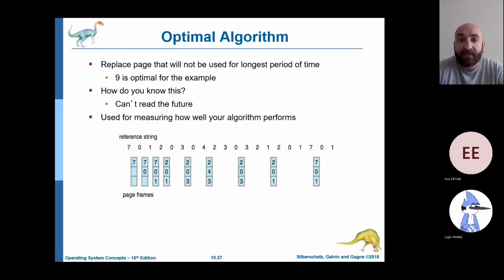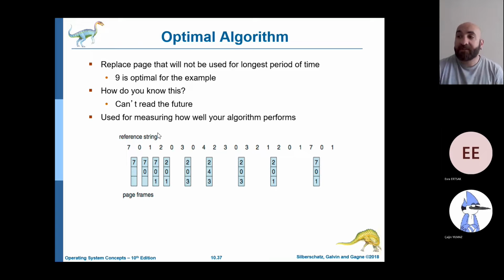Such an algorithm does exist and is called the optimal algorithm, or OPT. It's simply this: replace the page that will not be used for the longest period of time. Use of this page replacement algorithm guarantees the lowest possible page fault rate for a fixed number of frames.